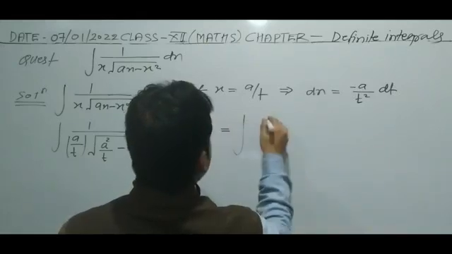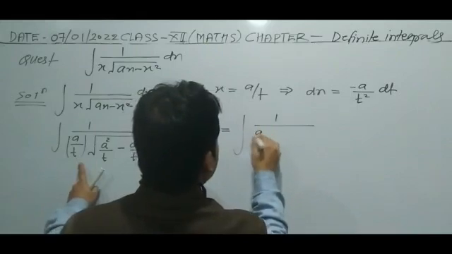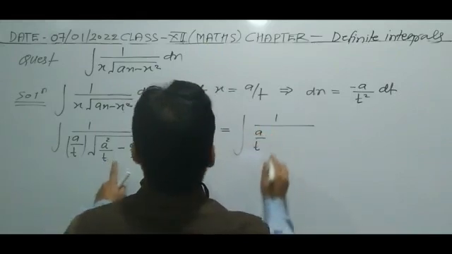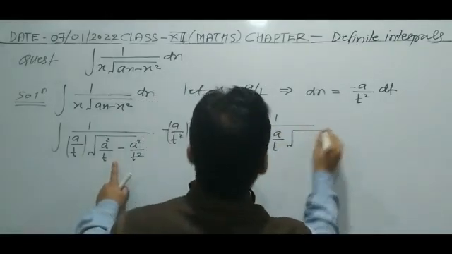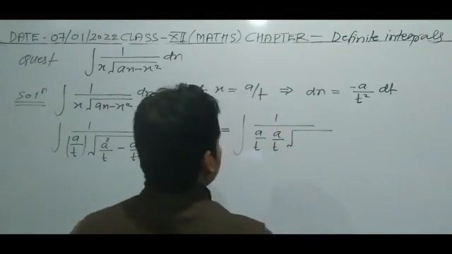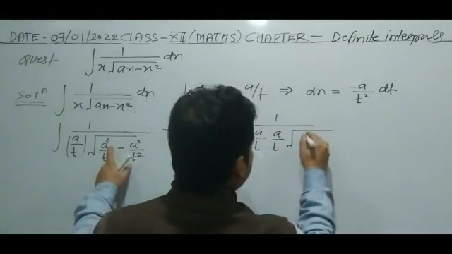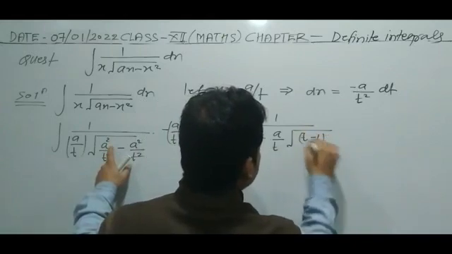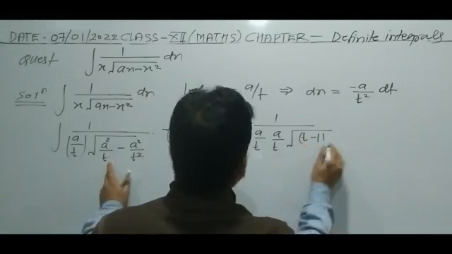We will get integration of 1 upon a by t, and now again the square root of t minus 1 whole upon t square.